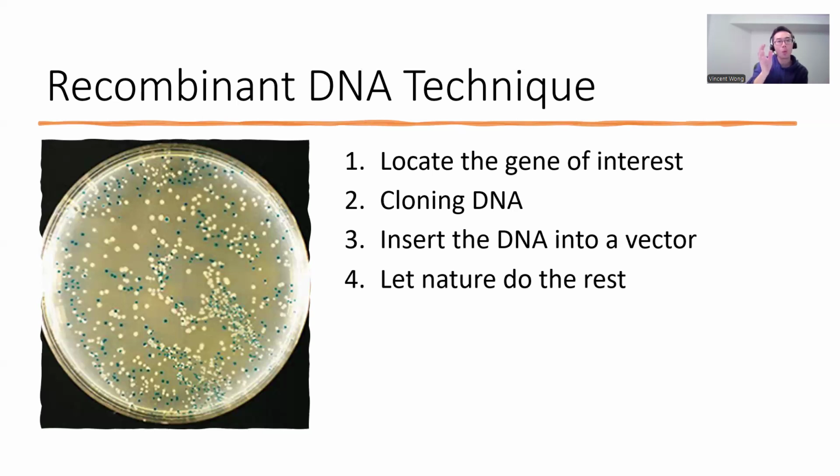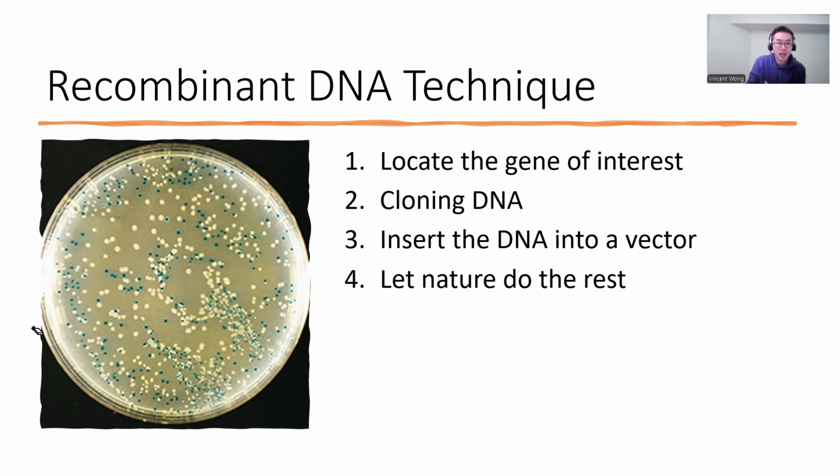This is one way to determine whether or not your bacteria has accepted the vector. Because if you just look at two bacteria under the microscope, you can't tell which one has accepted the human DNA and which one hasn't. So there are techniques you can use to cause the bacteria to turn blue when they have accepted the human DNA, and if they haven't accepted it, they remain white.